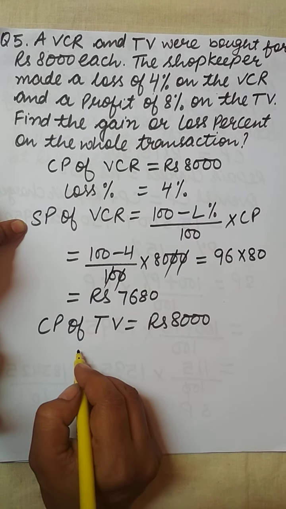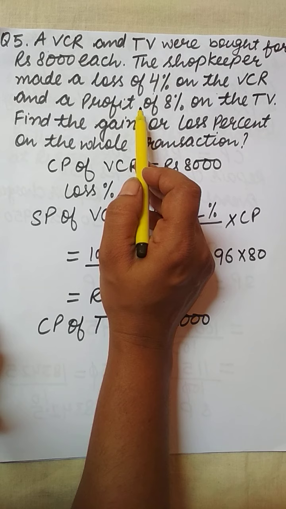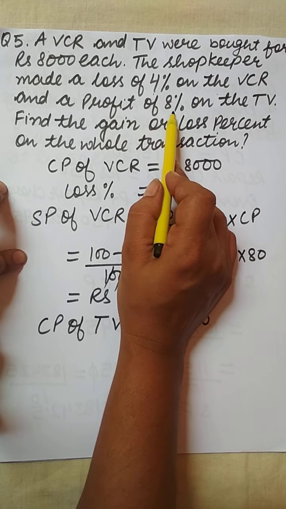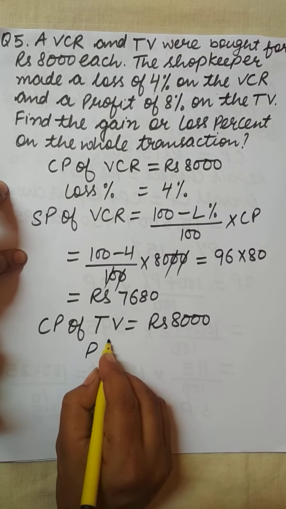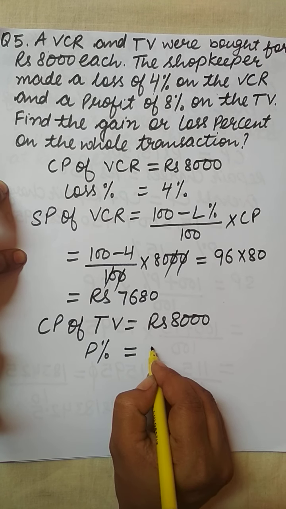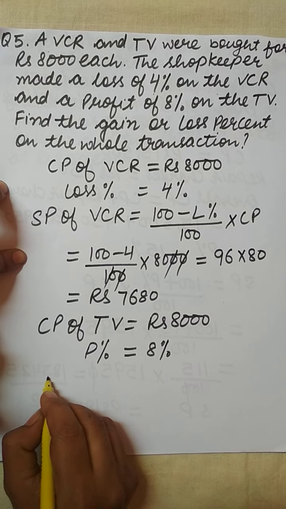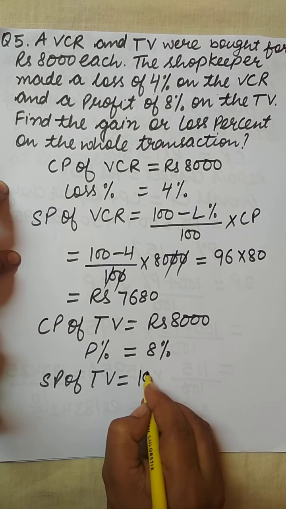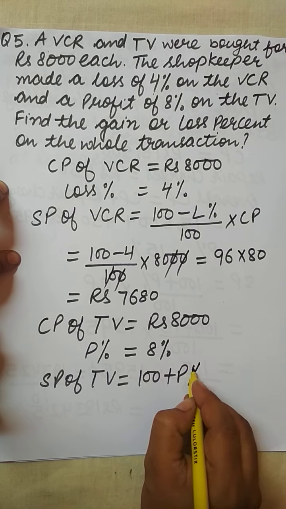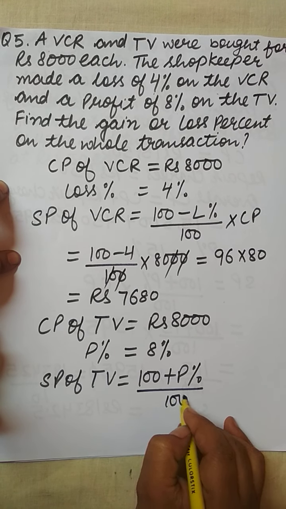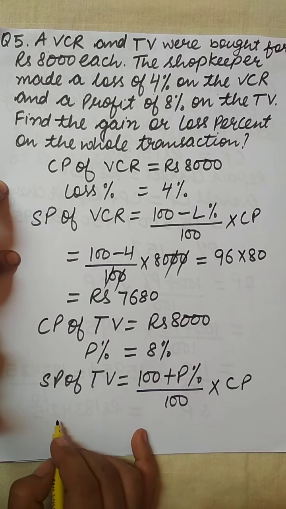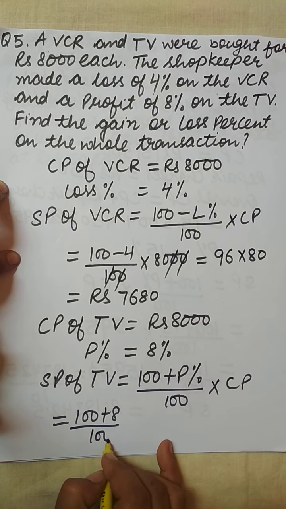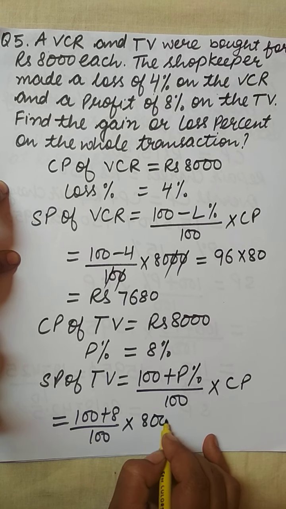Now the shopkeeper has sold TV on profit of 8%. So profit percent is equal to 8%, and selling price of TV will be equal to 100 plus profit percent divided by 100 multiplied by cost price. 100 plus 8 divided by 100 multiplied by 8,000.